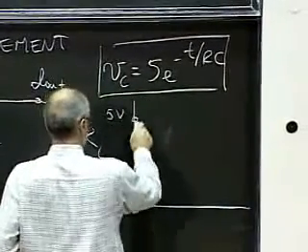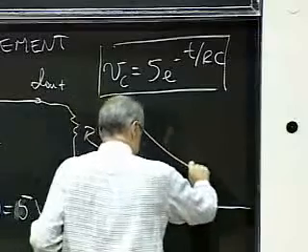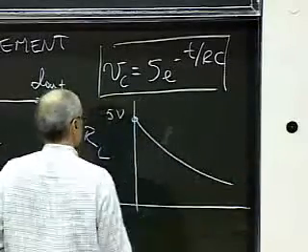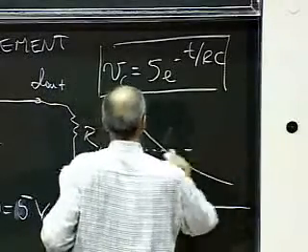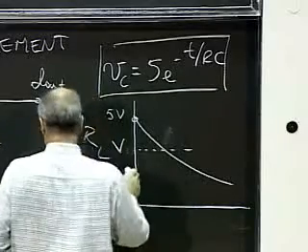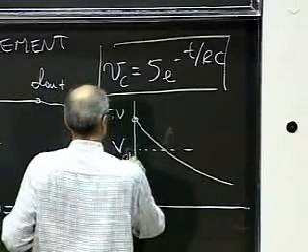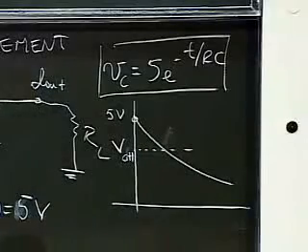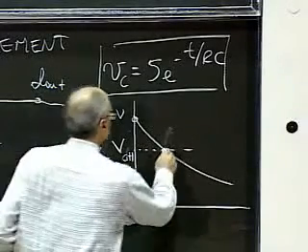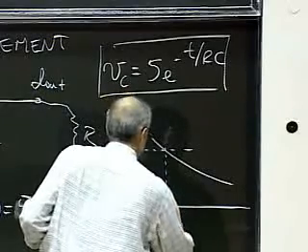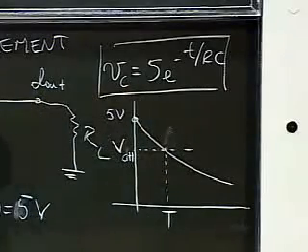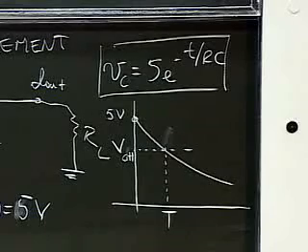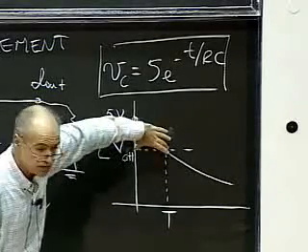So we have a decay, starting from 5 volts, let's say here, going down towards 0. At some point, we're going to cross the threshold for high. So the only period in which I have a valid output, if the capacitor was storing a 1, is this period here.